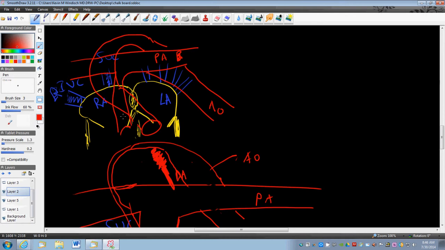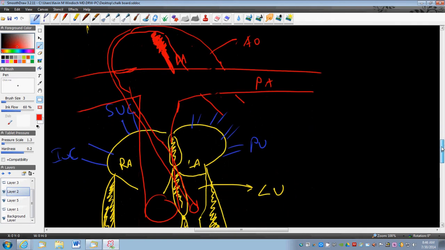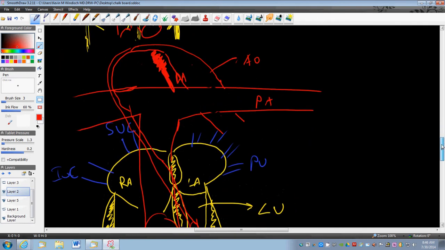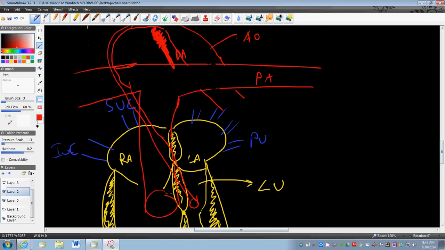So you got to get blood going to those body parts. Whoops, what's happened here now? Where'd my heart go? Oh, there we go. Okay. So, and you got to open up the takeoff to the aorta, otherwise you're never going to have a functional heart.